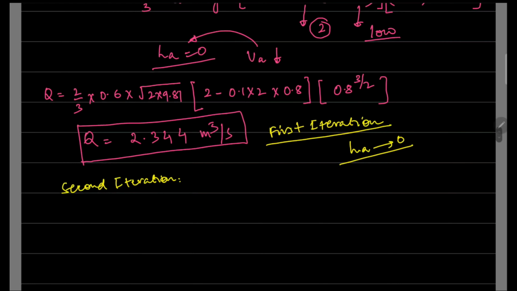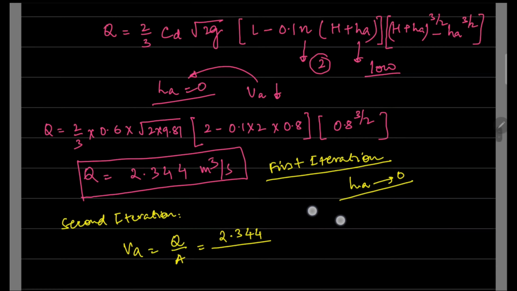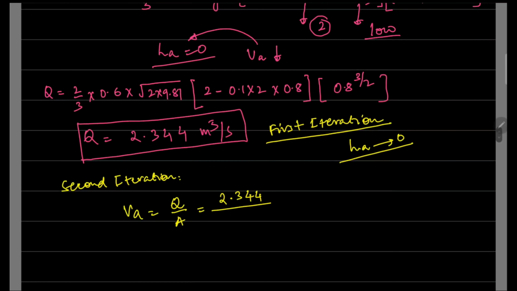First of all, determination of VA corresponding to Q divided by A. So Q is 2.344 divided by area of the channel, 1.65 meter square. So this comes out to be 1.42 meter per second.